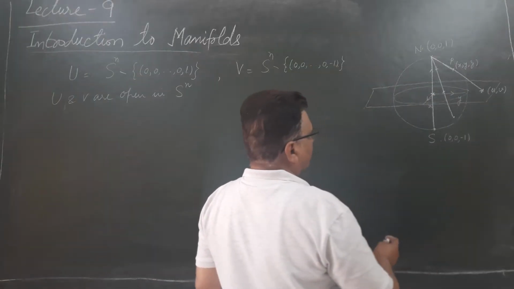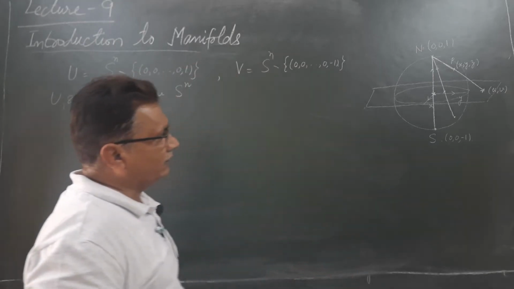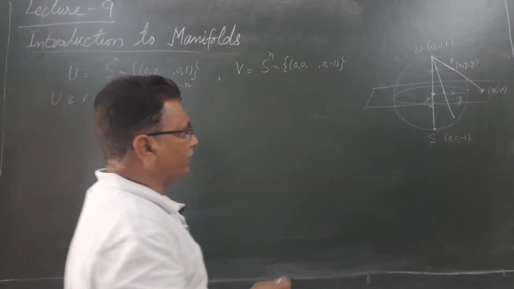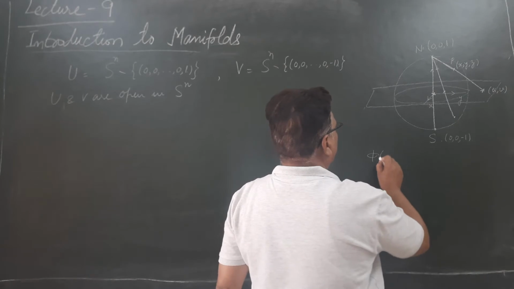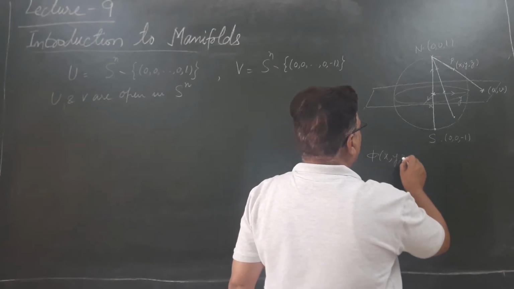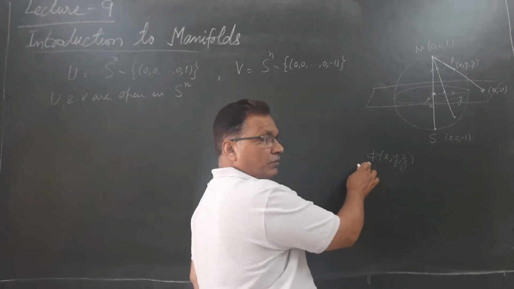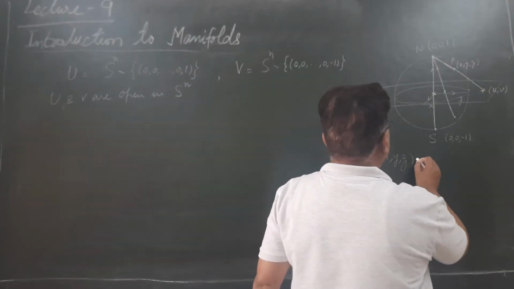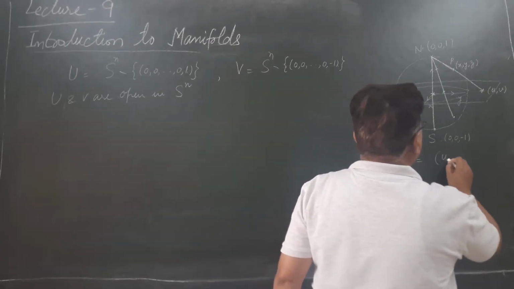So now I have to mathematically determine how to obtain UV. Let me denote the stereographic projection by the symbol phi. So phi of xyz I am saying is UV.